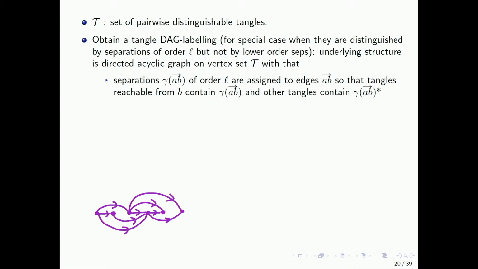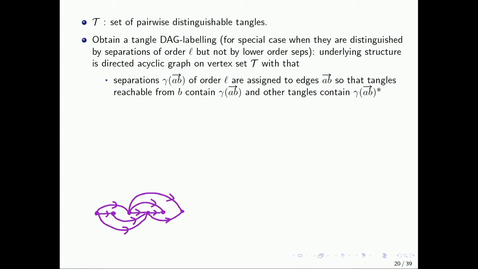DAG-labelling means that you assign all the tangles to the vertices such that for every edge we assign some gamma for the separation. And then the separation has a nice property: all the guys from the B side, the head, contain the separation (A, B), while the other guys are on the opposite side of this separation.